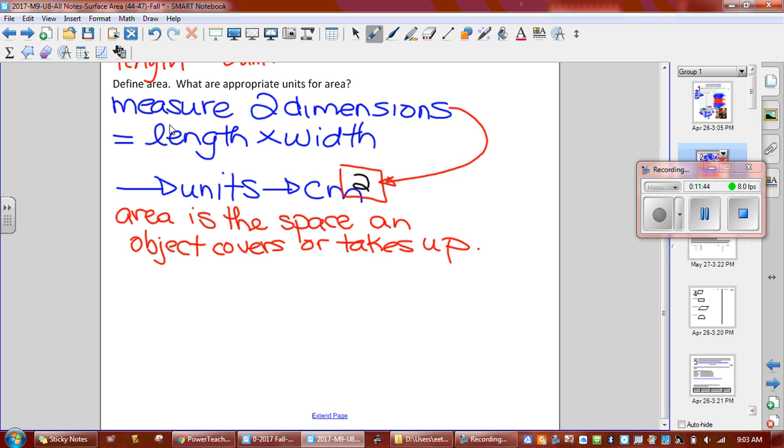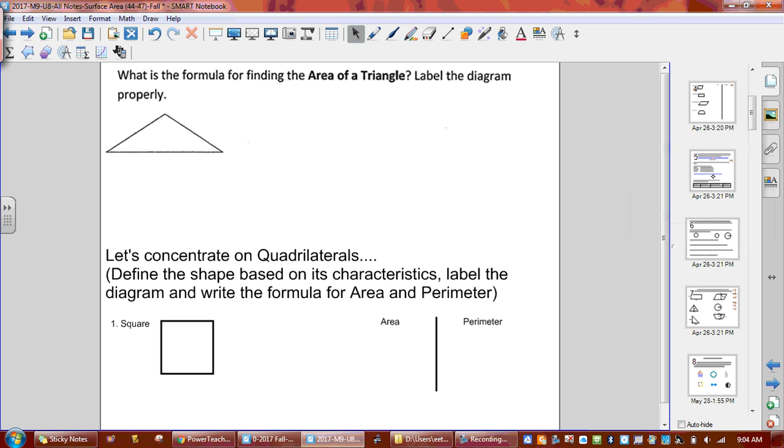So what do you remember for, if I were to just draw a square? So let's just say this is a square, all sides are the same. How would I find the area of the square? Length times width, good. So we've also got a base, we have a height, it's also called length and width.